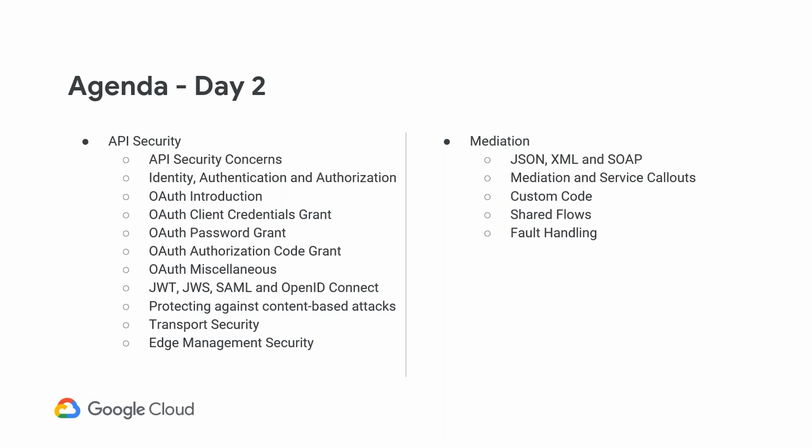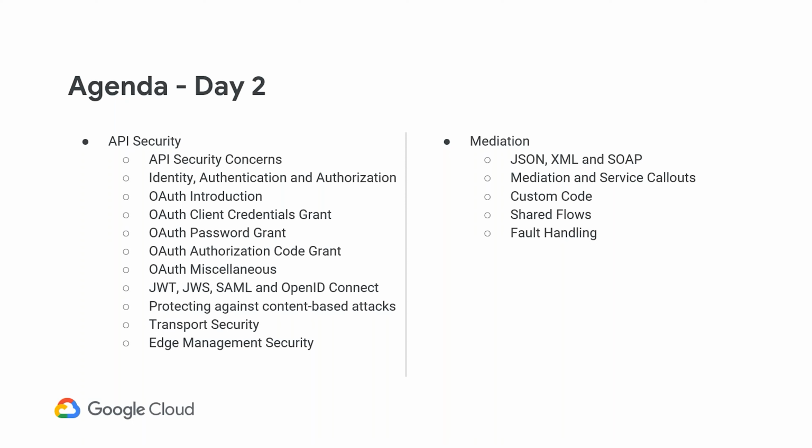It is a must-have thing that you need to understand, regardless of platform, not just Apigee, but even if someone wants to build an API on Java or something like that, that person also needs to understand this OAuth concept. Anyone who goes into the field of API development, Java, .NET, anyone who develops APIs, it is must-have knowledge nowadays. So you need to understand OAuth, various grant types of OAuth, client credential, password, authorization code, and other miscellaneous topics related to OAuth.